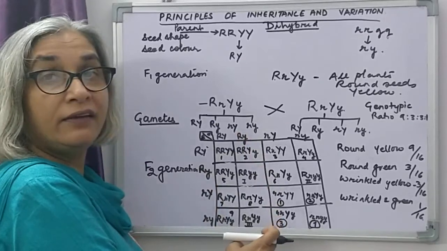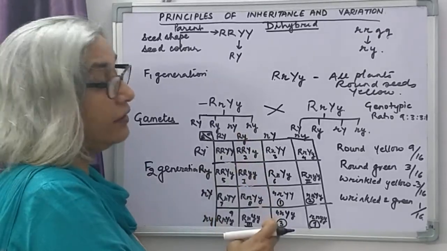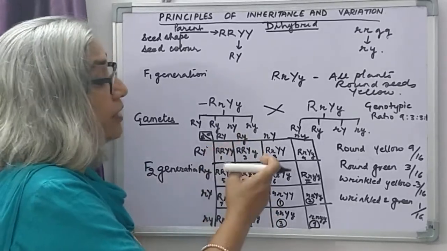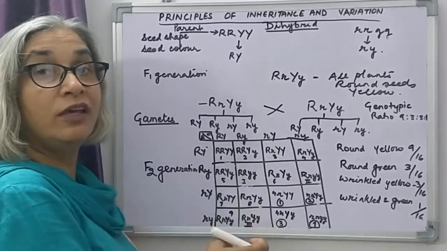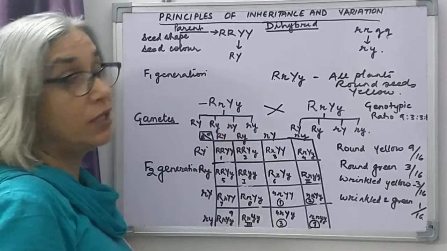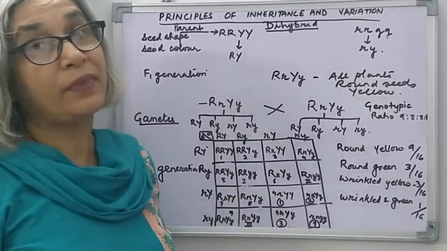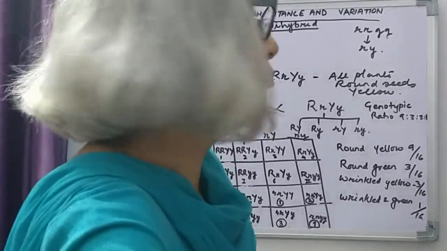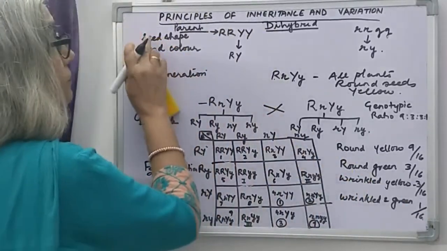They segregate and each pair is independent of the other. So this is the dihybrid cross. Now I will erase this and write the third law of Mendel on the board.